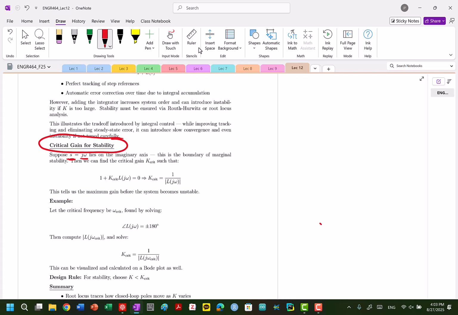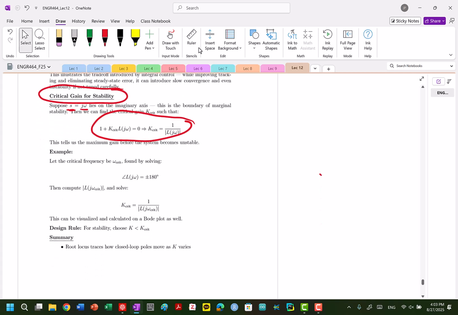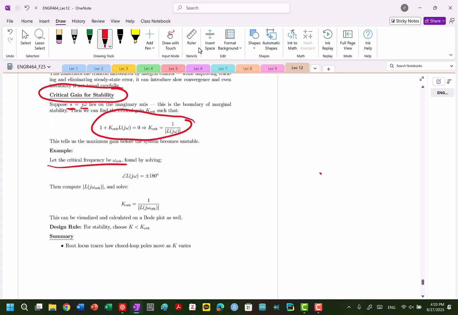And we can calculate our critical gain, which will be basically the inverse of the magnitude at the critical frequency. The critical frequency is when we hit that phase lag of plus or minus 180. So when we are basically out of phase with that system, at that angle, we're going to figure out what our magnitude is.